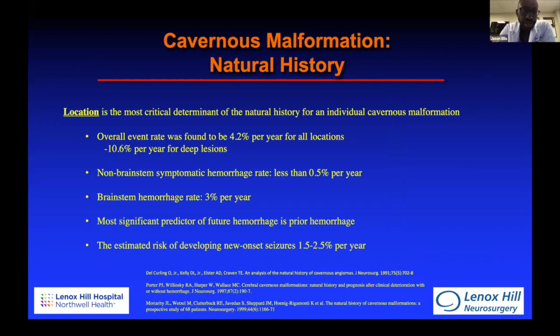Natural history, again, location is very important. If the cavernoma is located in relatively silent parts of the nervous system, then removing them has a much lower morbidity. The overall event rate for a cavernoma is actually on the lower side, on average about 4% per year.